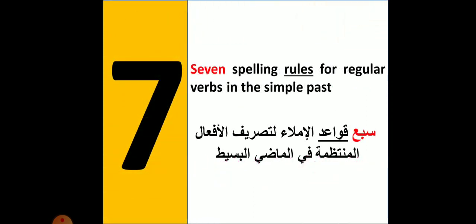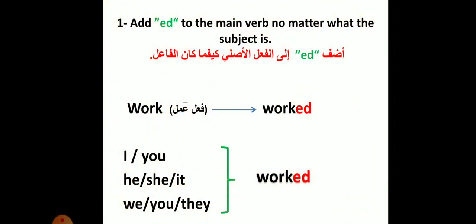Here we have 7 spelling rules for regular verbs in the simple past. So let's see them. The first one, add ed to the main verb no matter what the subject is.